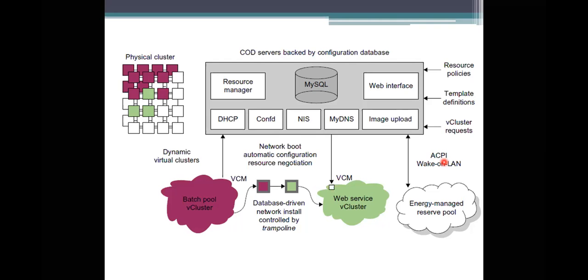If there are any idle resources, it will find them and stop the energy they are using, and it has to be specified that they are not working, that they could be idle. It also provides a configuration database. So this COD is used for providing a computing pool, and it also provides an energy manager reserve pool for energy.